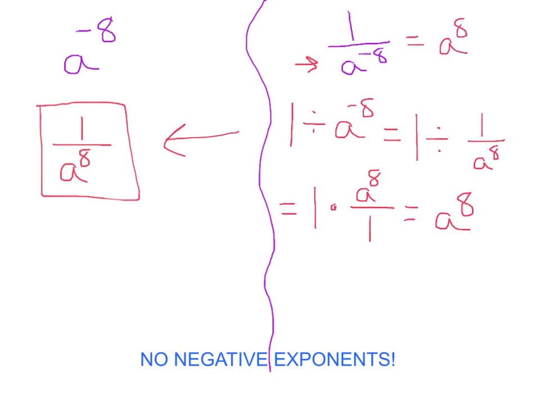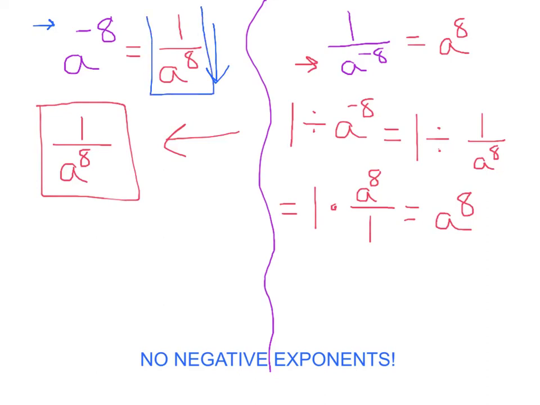So I want you to compare these two scenarios. And then here's what I use to help remember. When you have a negative exponent, nobody likes negativity. We don't like naughty, negative kids. So when they are negative, we have to send them to the basement and make them positive.